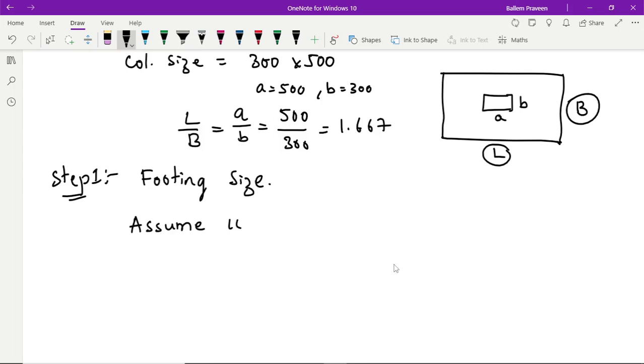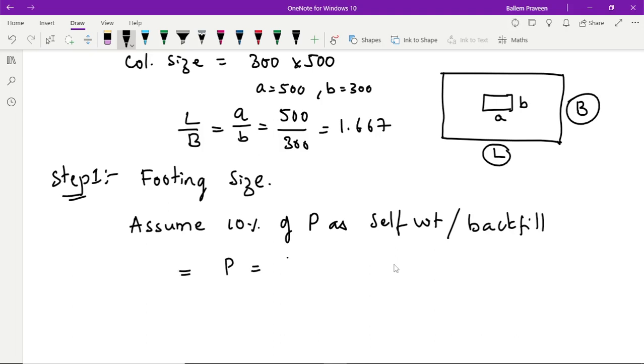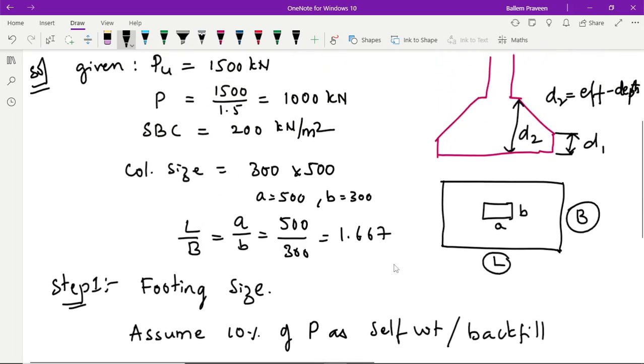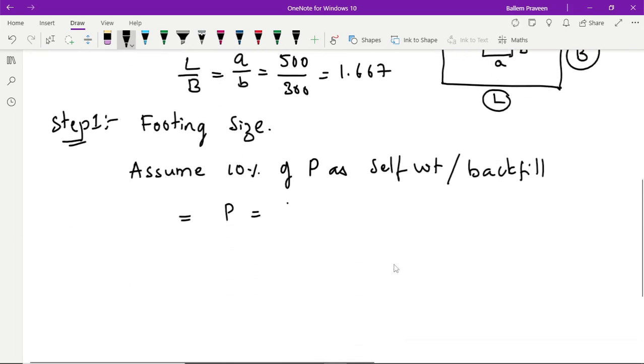So assume 10% of P as self weight as well as backfill weight. Self weight, backfill weight ఒక 10% అని అనుకుందాం. P is 1000 kilonewtons and 10% of P will be 100.